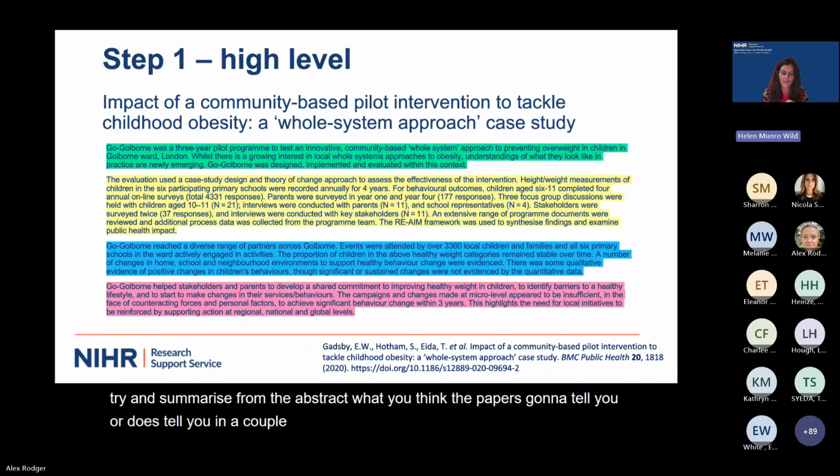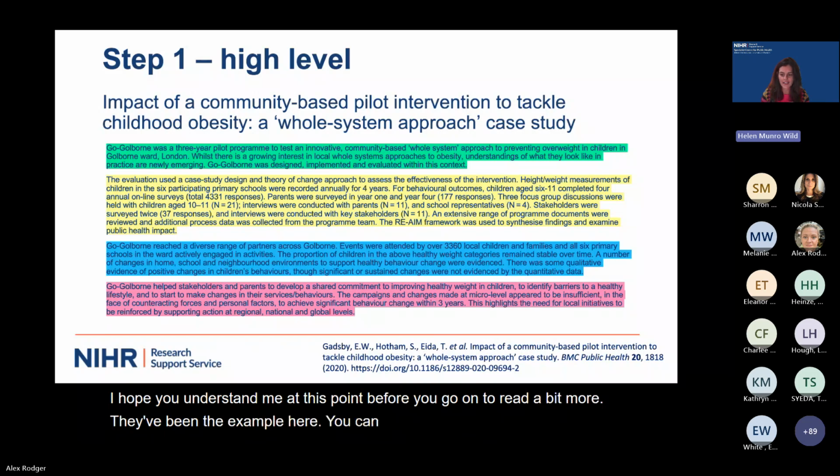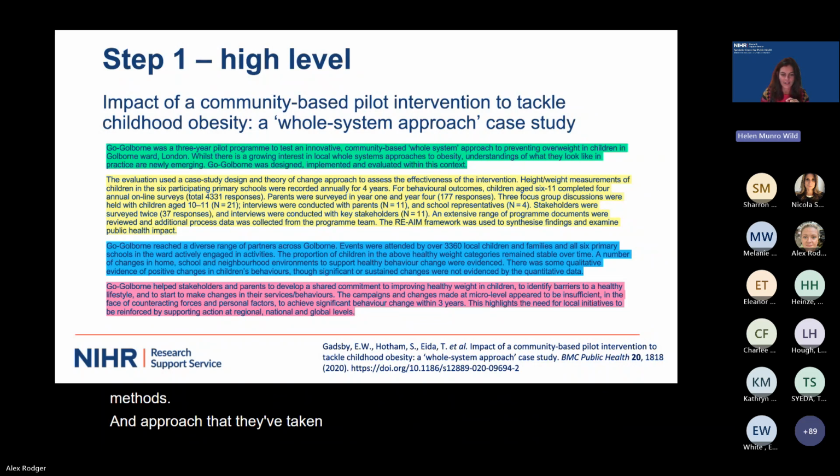It can help you anchor your understanding at this point before you go on to read a bit more. So in the example here, you can see from the title already it's telling us what the problem is, so childhood obesity, and something about the methods and approach that they've taken to doing their research.